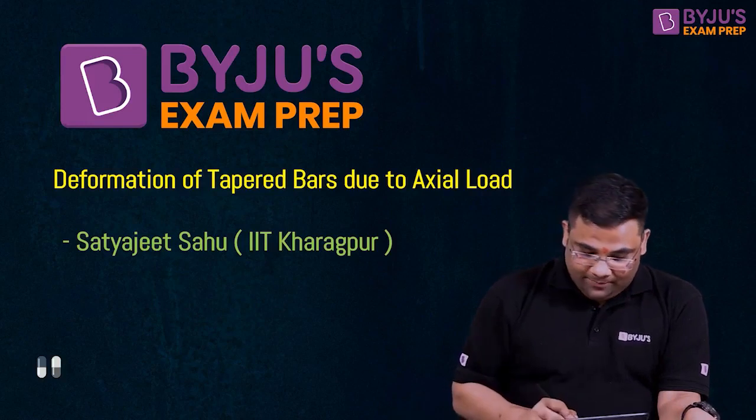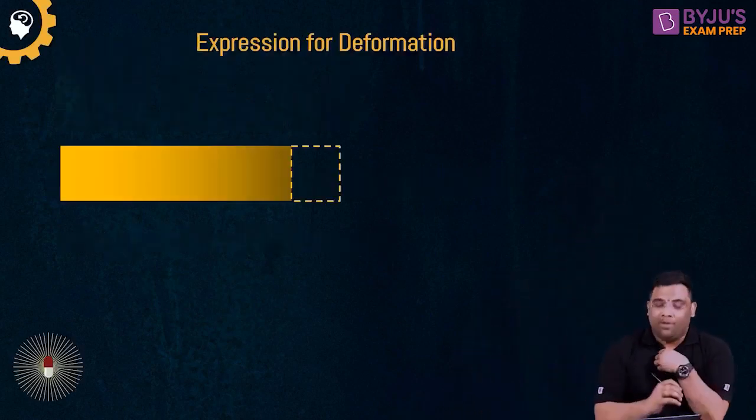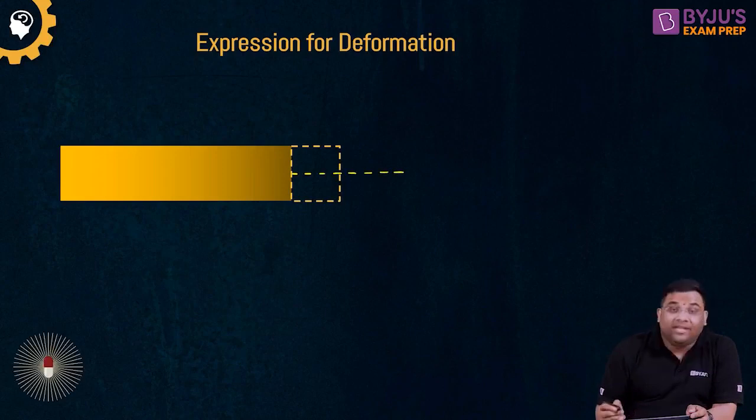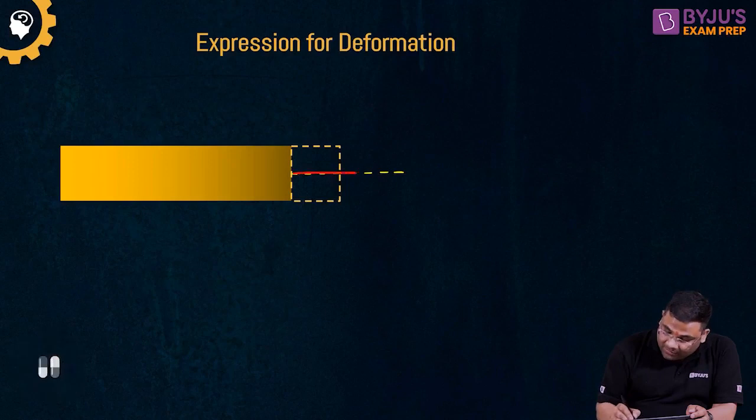We know that if we have a bar like this and we are applying an axial load, what does that mean? The load direction is along the longitudinal axis of this particular bar.